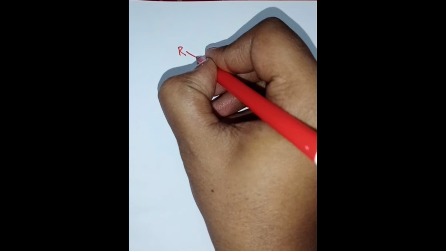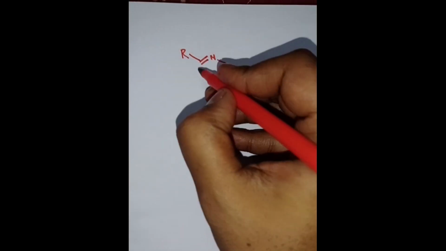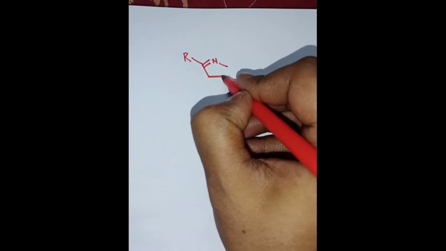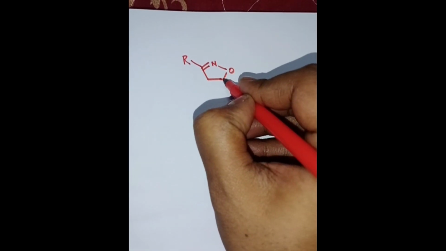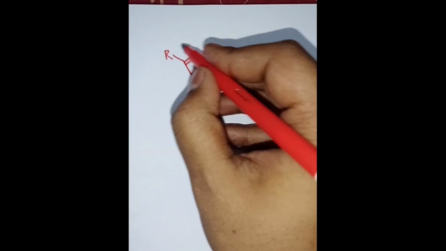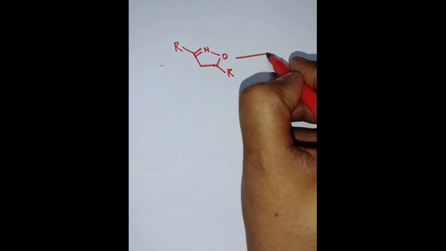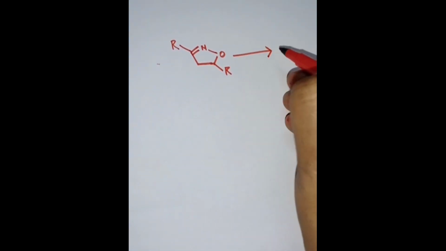Now suppose I have this 5-membered compound and they can extend this product using some other reagents.